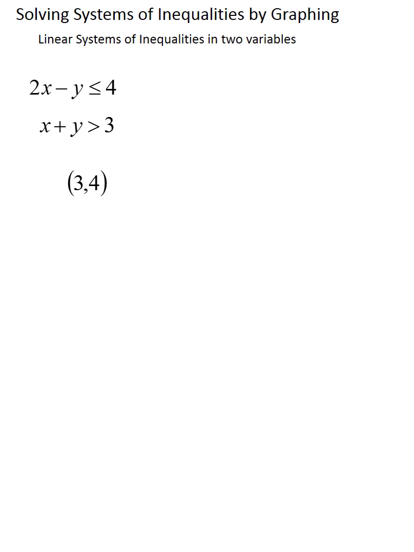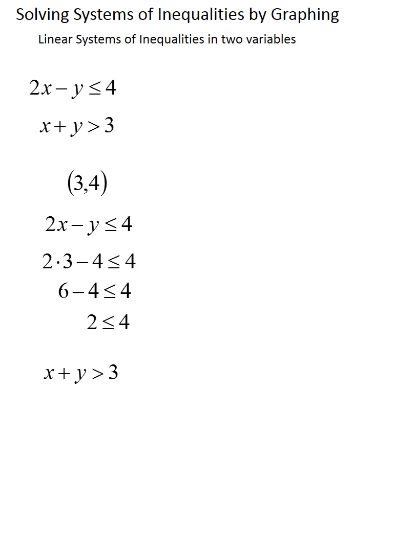It turns out the point 3, 4 makes both inequalities in this system true. Watch as I show you why. Taking the two inequalities, substituting 3, 4 into the first one, doing the arithmetic, we get a statement here that's definitely true. 2 is less than or equal to 4.